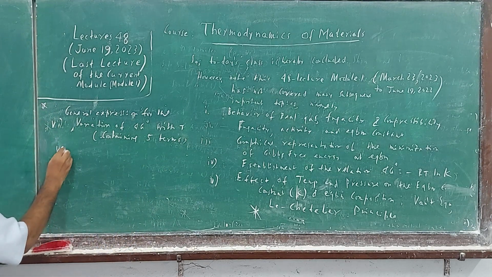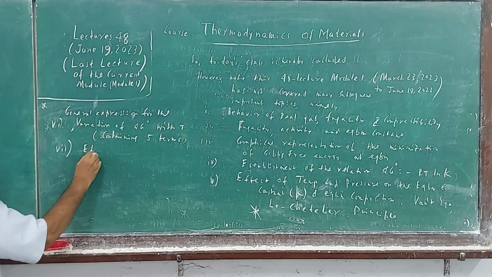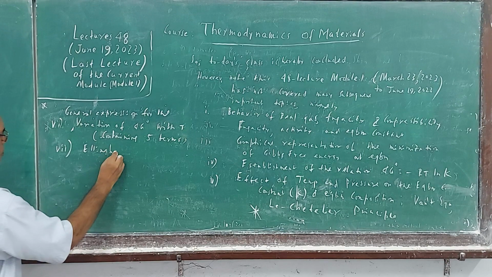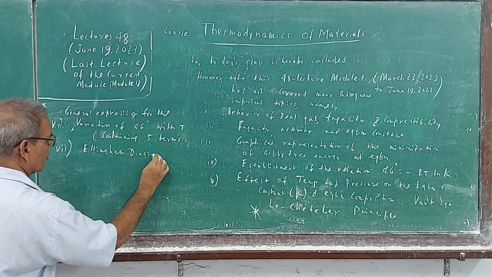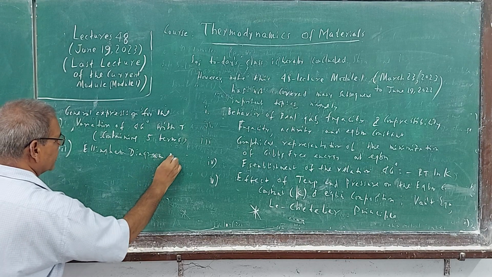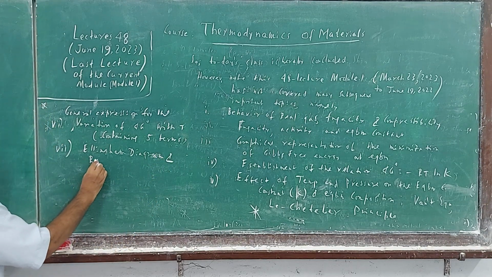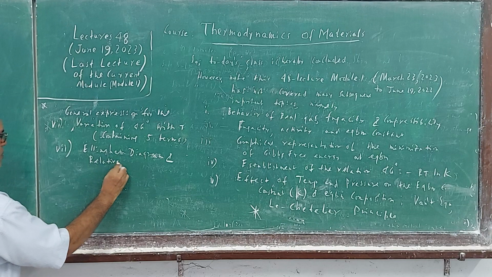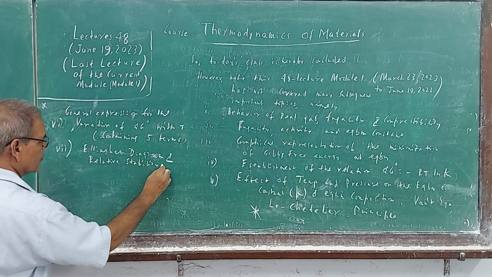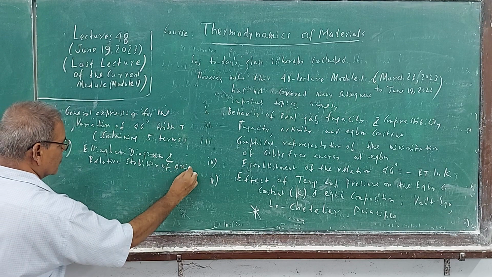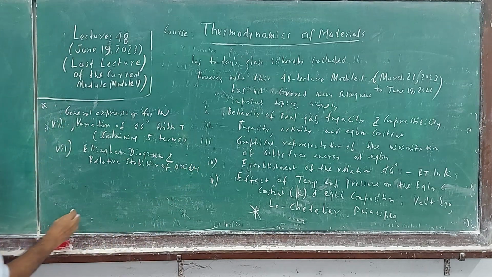Next is 7, the Ellingham diagram and relative stability of oxides.